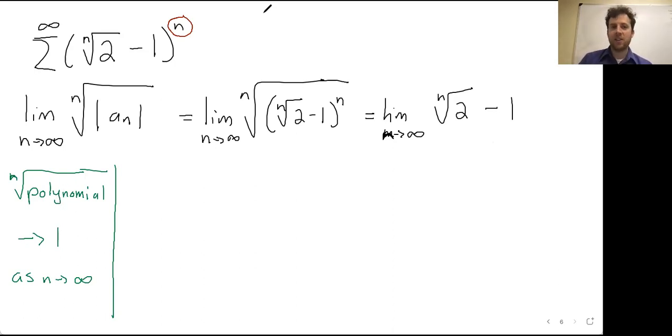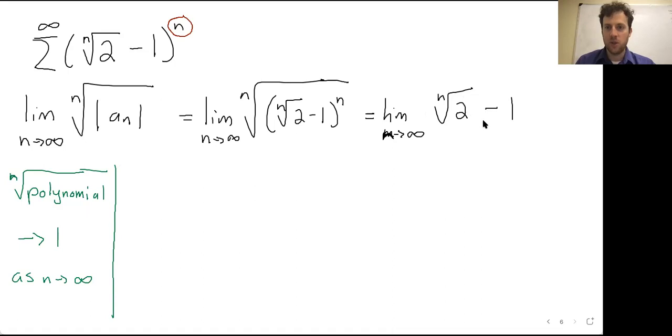So this fact is why if you only have polynomials around, the ratio or the root test doesn't work because the limit ends up being 1. But if you have other stuff, then sometimes it will work because that other stuff is just going to become 1 and you don't worry about it.